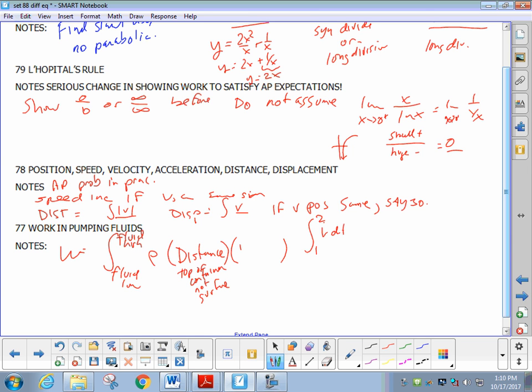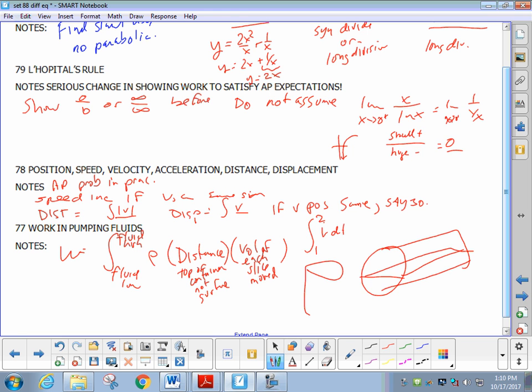And the volume of each slice being pumped. Now we typically, in Saxon, he often does rectangular problems. But what if you had a barrel on its circular base?